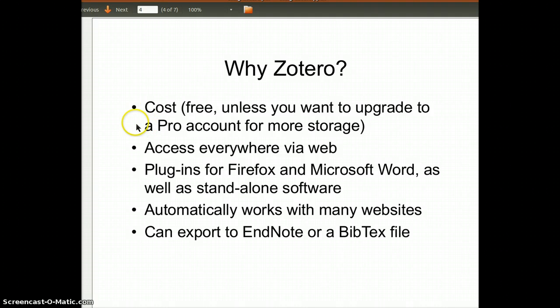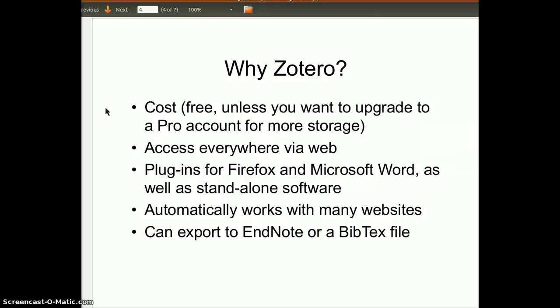Why use Zotero? It's free, which is fantastic. You can upgrade to a pro account if you want more storage. There's a web client, so you can access it via any web browser, including on your smartphone. And it has standalone software that's downloadable, as well as plugins for Firefox, which I'm going to show you today, as well as Microsoft Word that let you manage your citations directly in those software programs.